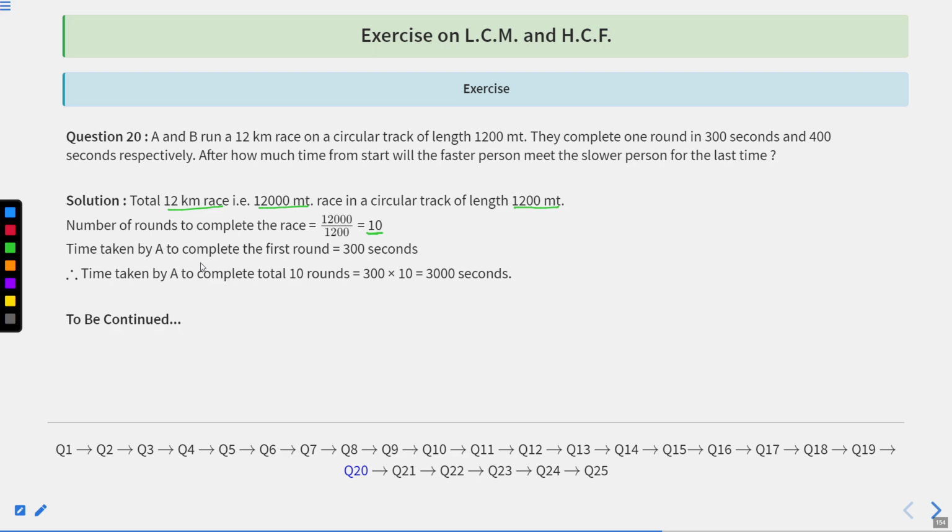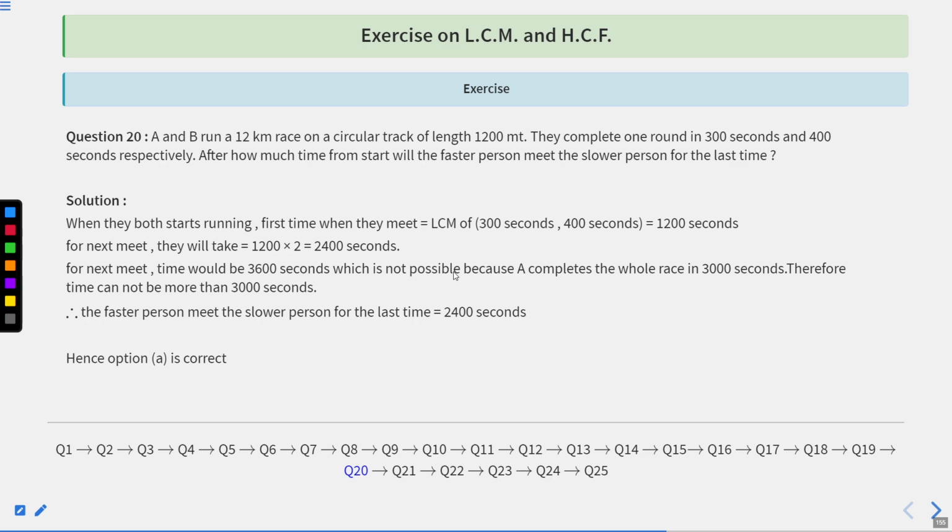The time taken by A to complete the first round is 300 seconds. Therefore, the time taken by A to complete 10 rounds is going to be 3000 seconds. When they both start running, the first time they meet is the LCM of 300 seconds and 400 seconds, that is 1200 seconds.